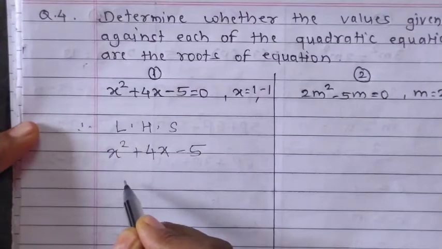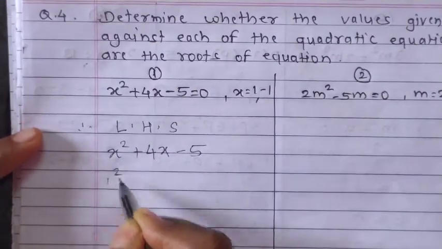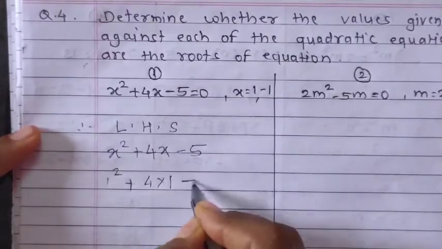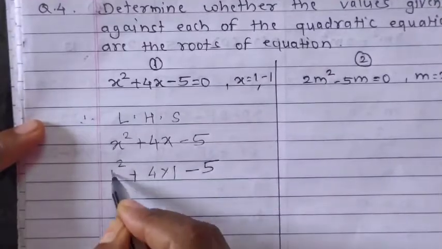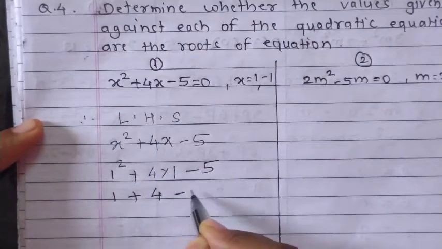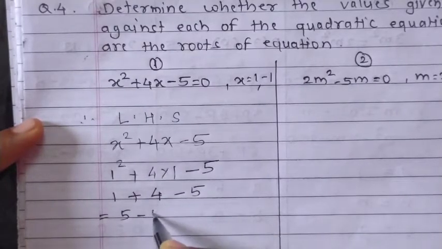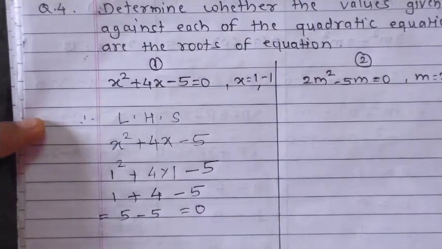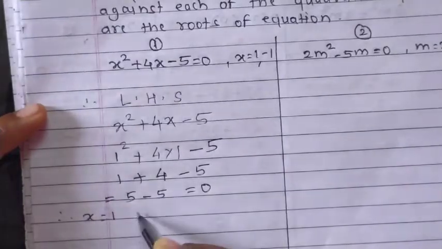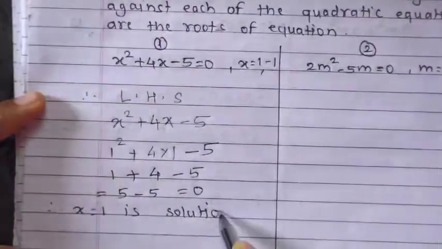Here put x equal to 1 in this equation, that is 1 square plus 4 into 1 minus 5. 1 square is 1, plus 4 into 1, that is 4, minus 5, that is 5 minus 5 equal to 0, and therefore x equal to 1 is a solution of that equation.